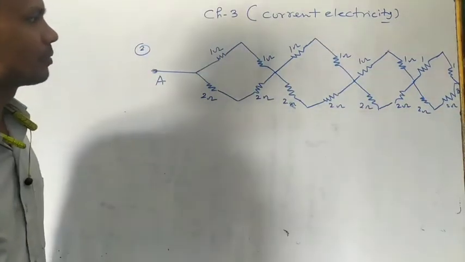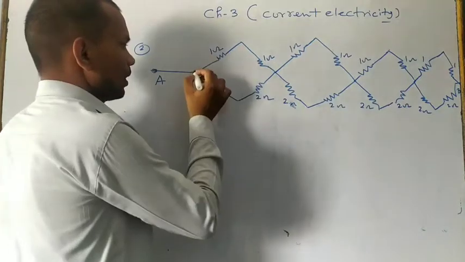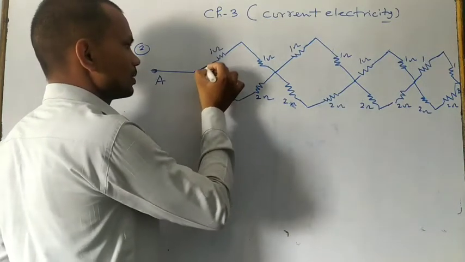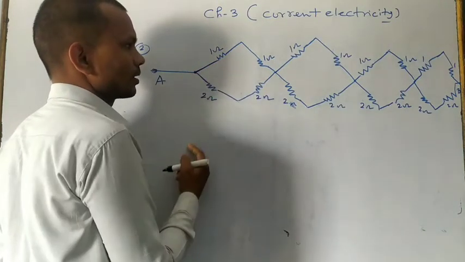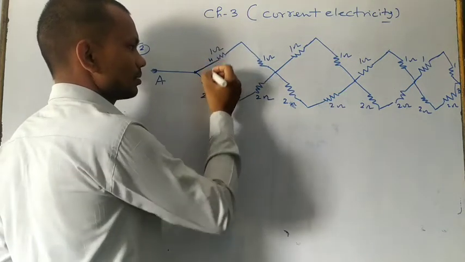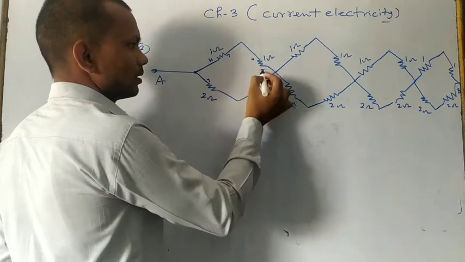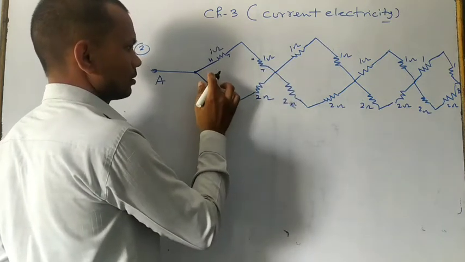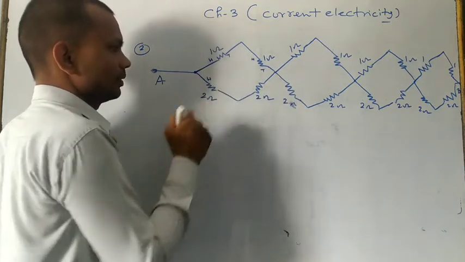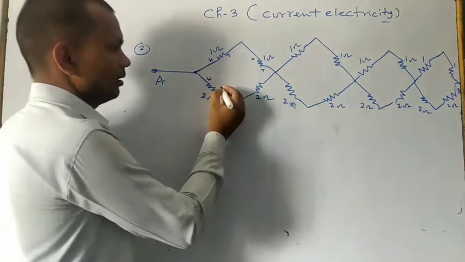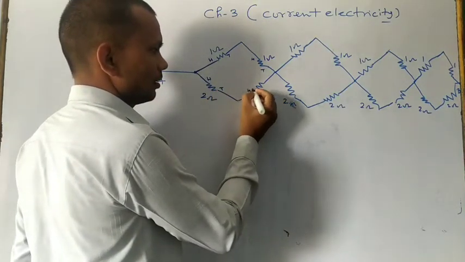First of all, you have to see, if you move from here, this is one direction and this is another direction. Suppose this is the head, this is the tail, and here this is the head, this is the tail.